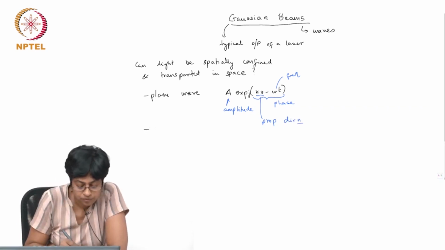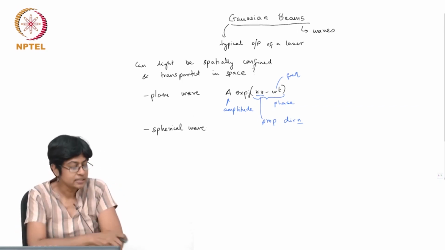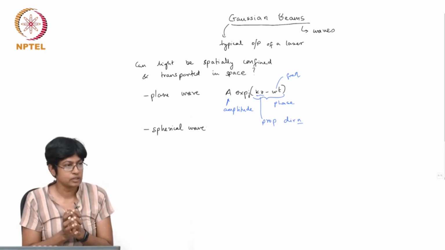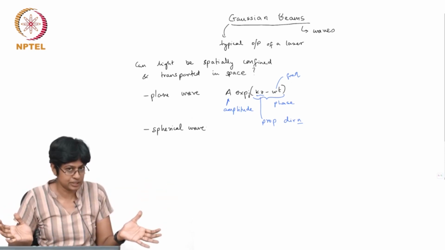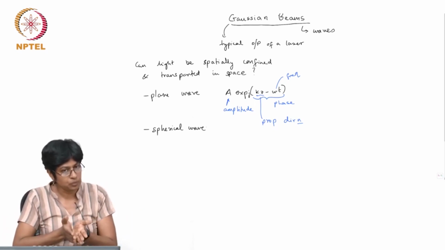You could think of a spherical wave. And in a sense, these two kinds of waves are sort of completely opposite in nature. Because what is the property of a plane wave?